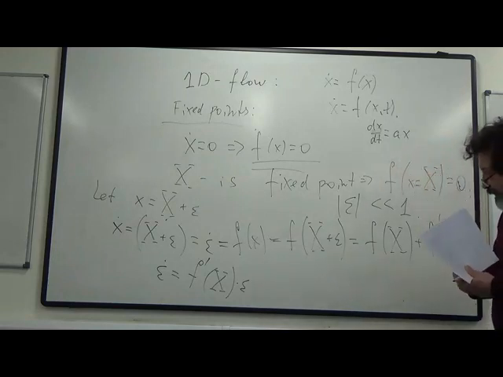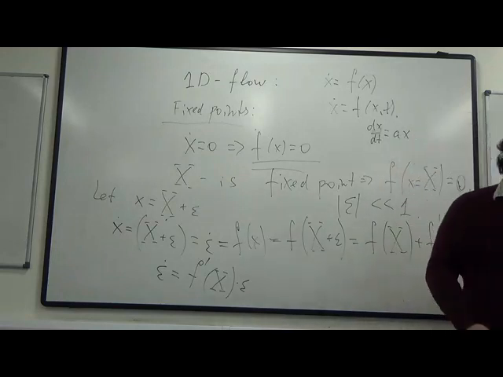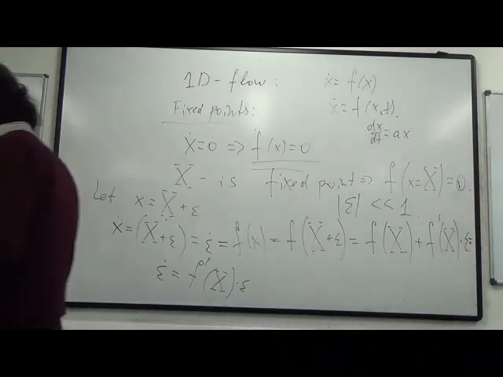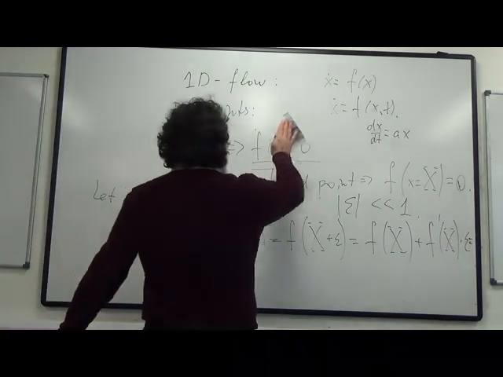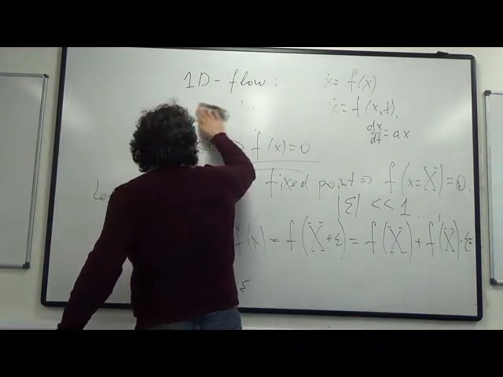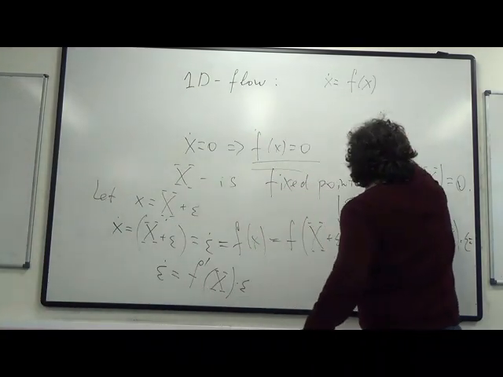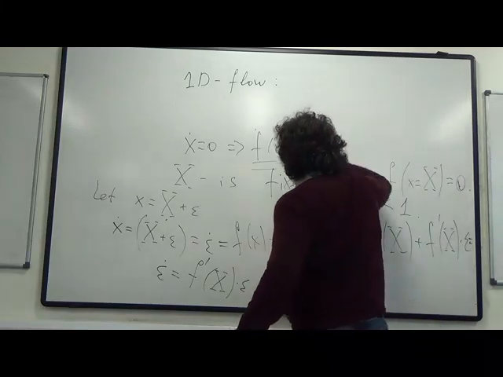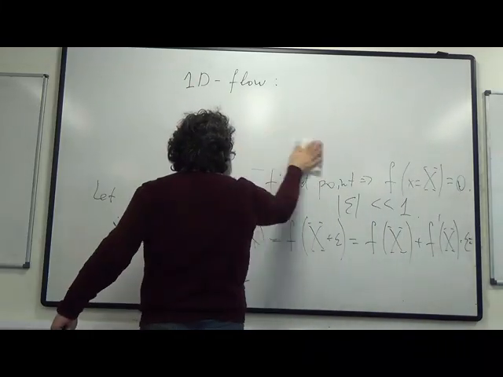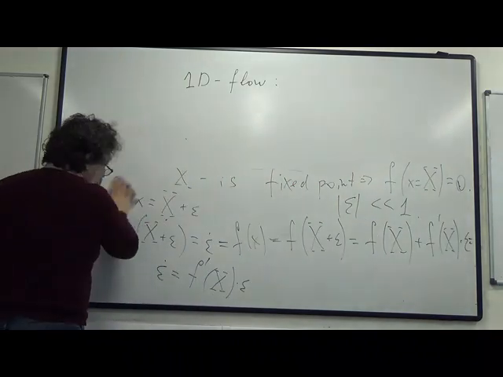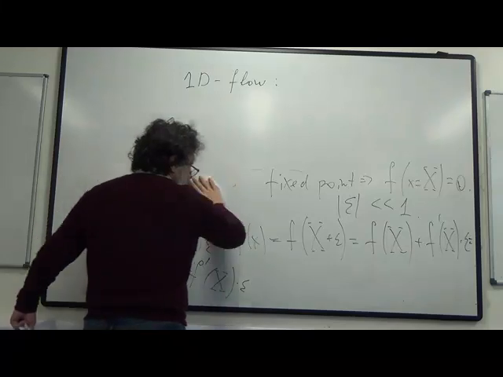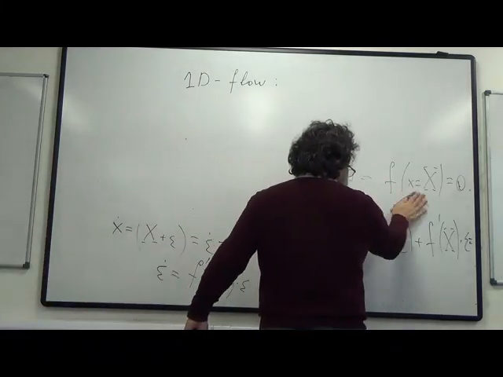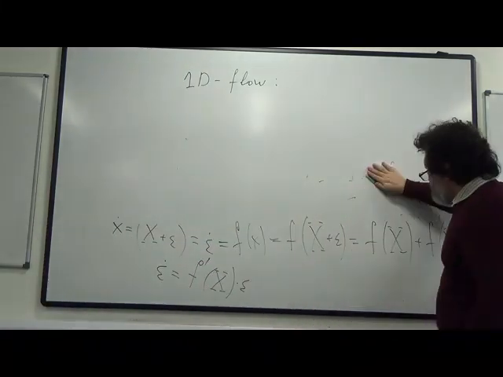Okay, it's good to recall. This was pretty much the starting point in differential equations. I think you were able to do it in calculus, at least in math 1 or 2.